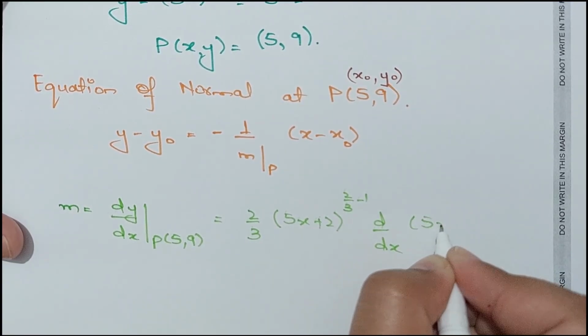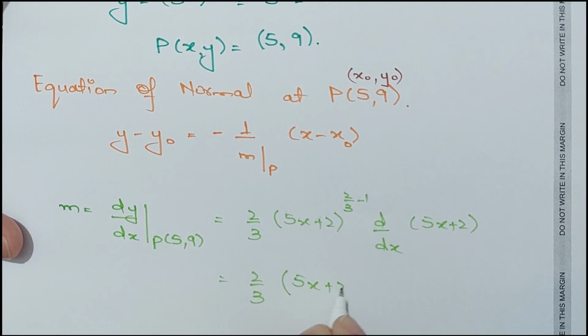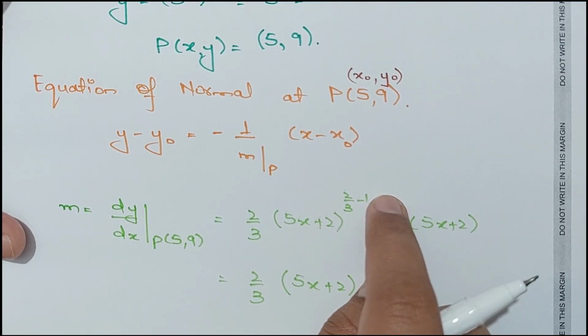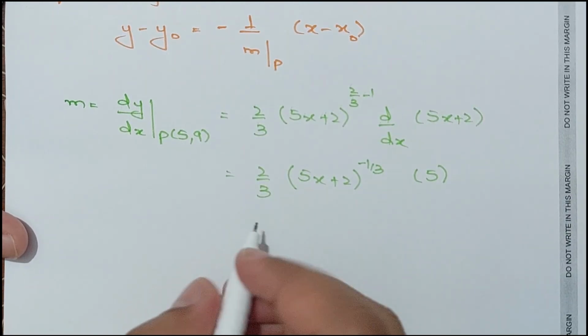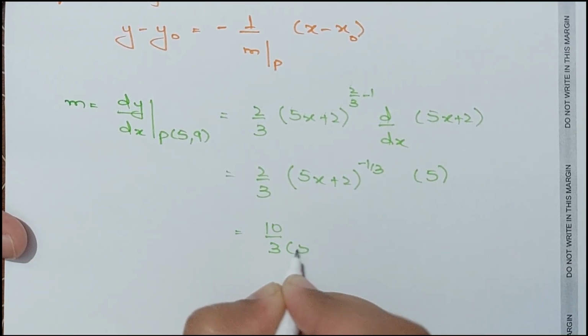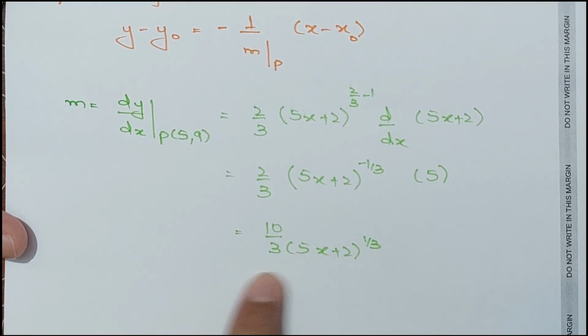So 2 by 3 into 5x plus 2 to the power 2 over 3 minus 3 over 3, which is minus 1 over 3. Its derivative is just 5, since the derivative of x is 1 and the derivative of the constant term is 0. So 2 times 5 is 10 over 3 into 5x plus 2 to the power 1 by 3. This would be the derivative.